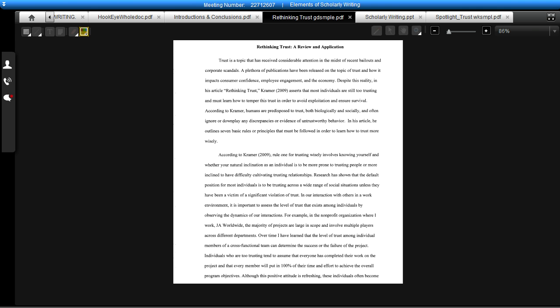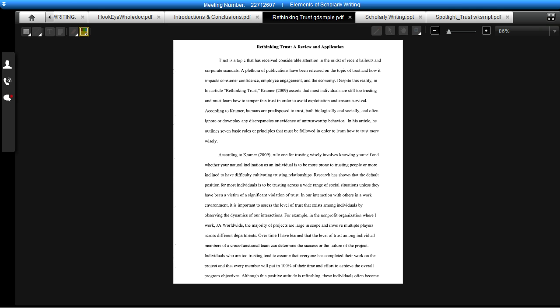According to Kramer, humans are predisposed to trust both biologically and socially, and often ignore or downplay any discrepancies or evidence of untrustworthy behavior. In his article, he outlines 7 basic rules or principles that must be followed in order to learn how to trust more wisely.